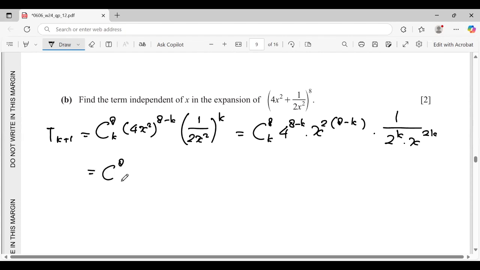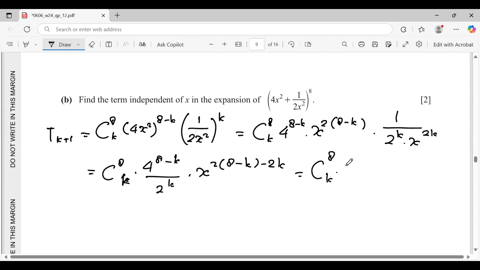So it is the combination 8 k times 4 to the power 8 minus k over 2 to the power k times x to the power 16 minus 4k, because 2 times minus k is minus 2k, and minus 2k minus 2k becomes minus 4k.